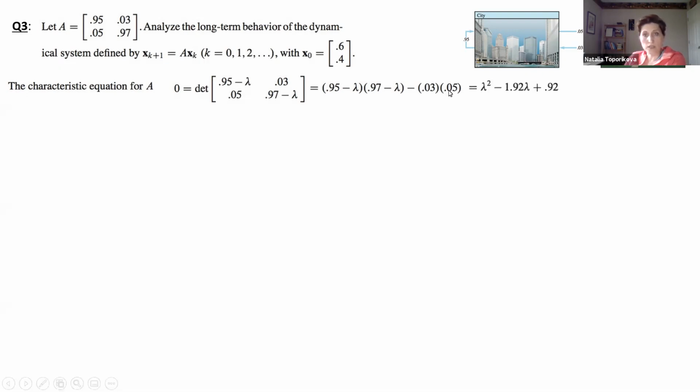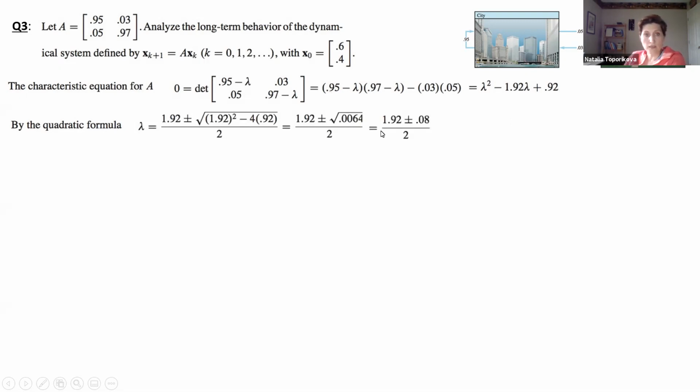When you combine like terms, you have a second degree polynomial equal to 0. So we have a quadratic equation, which we can solve using the quadratic formula. When we simplify, we find two solutions, 1 and 0.92, which means we have two eigenvalues. The first one, lambda 1, is equal to 1, and the second, lambda 2, is equal to 0.92.